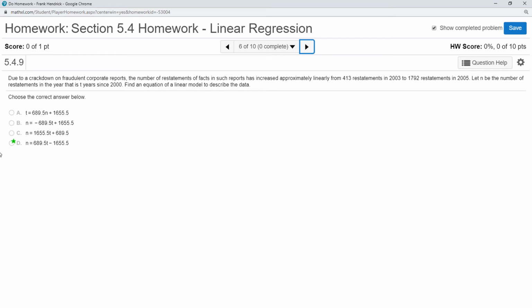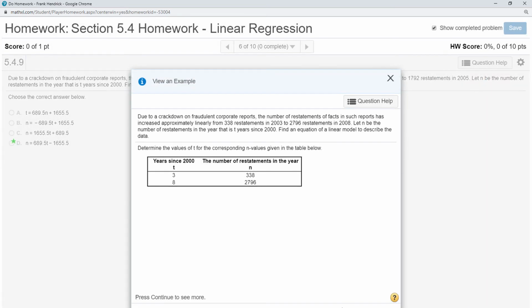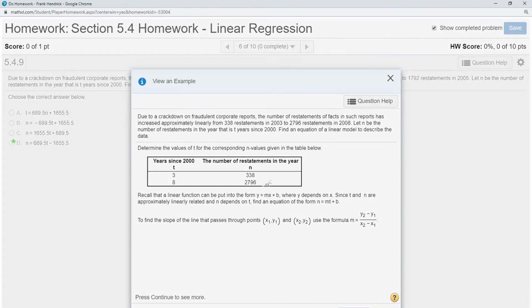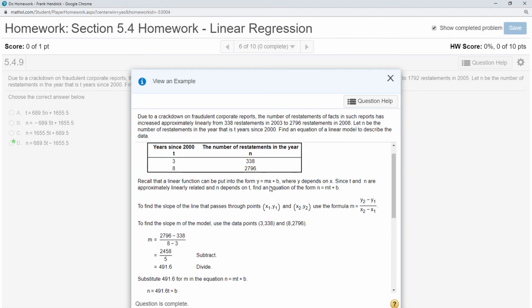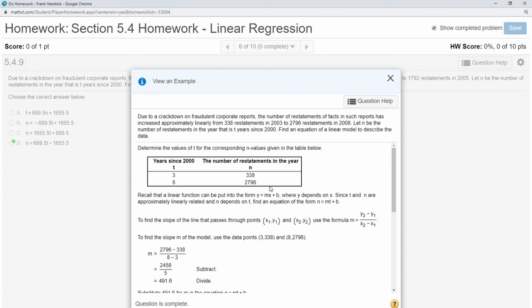And this one here has to find a model. So you've seen some examples already in the past. And they give the years here, the years since 2003 and 8.